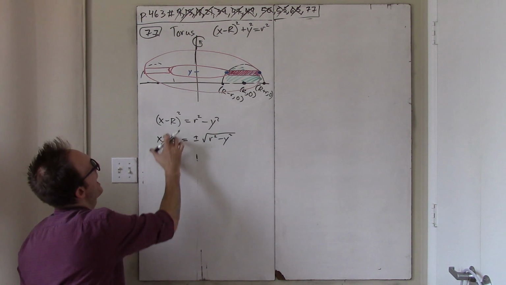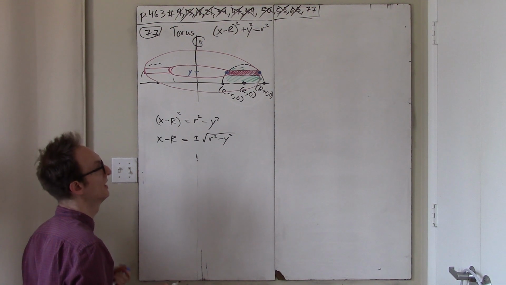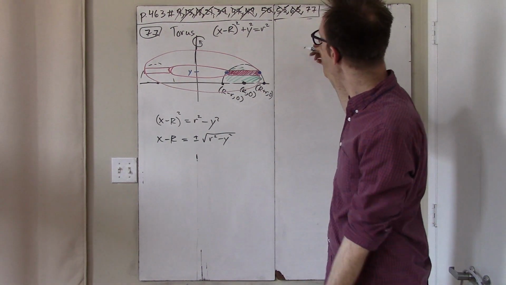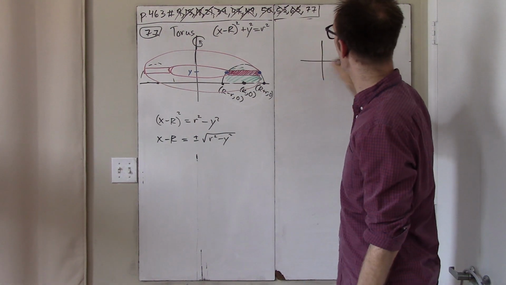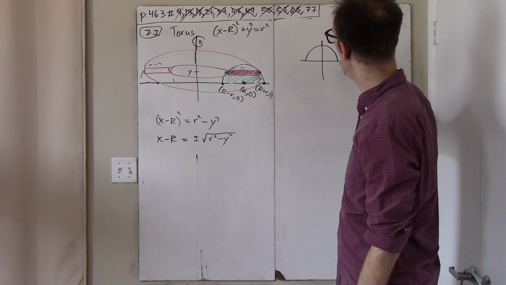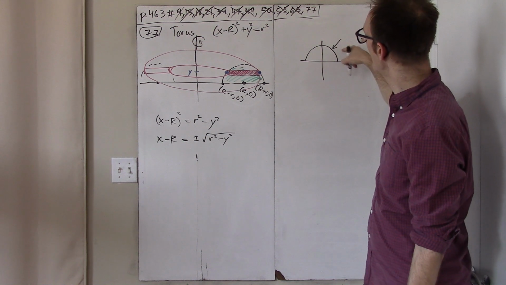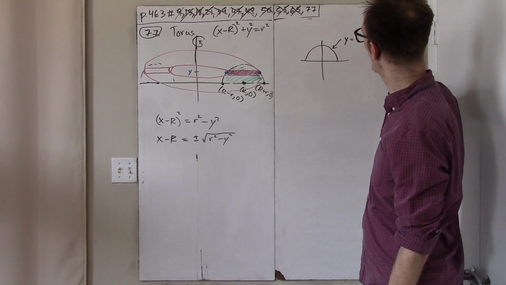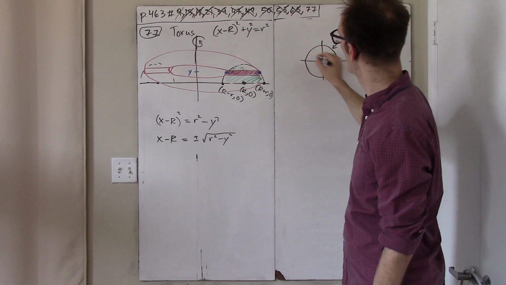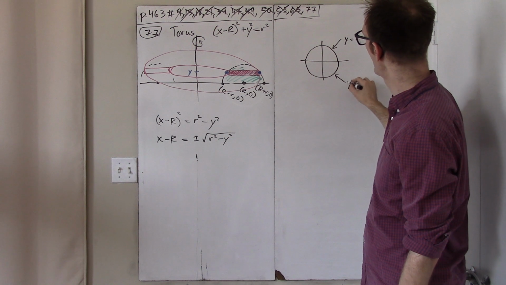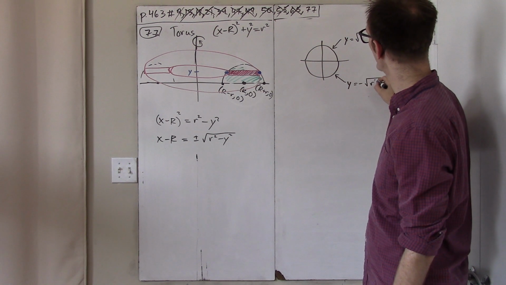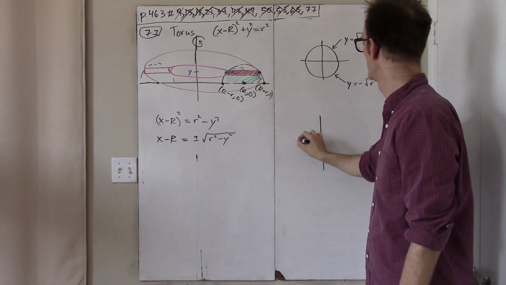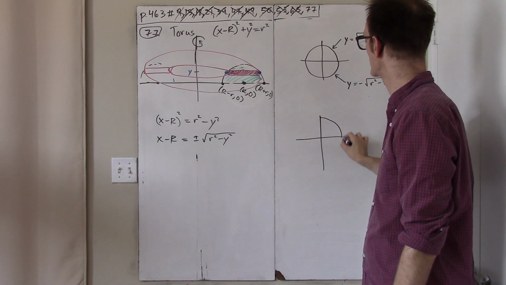I think we're just not as used to thinking of it this way. When it comes to semicircles, because they're functions, we're pretty comfortable thinking of the top semicircle as y equals root r squared minus x squared, and the bottom semicircle as y equals negative root r squared minus x squared. But we're less comfortable thinking of sideways semicircles.